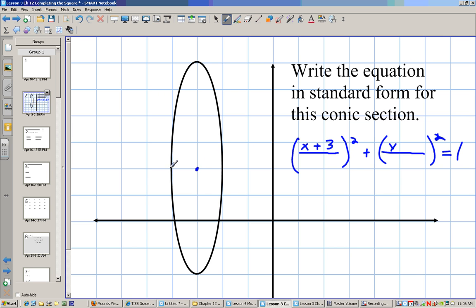And then we'll move out 1 in each direction. So we'll put a 1 down there. We don't need the over 1, we could have just written x plus 3, but that's all right. Now in the y direction, we go up 2, so that's minus 2, and then we stretch it by a factor of 4. So our entire equation is x plus 3 squared plus y minus 2 over 4 squared equals 1.